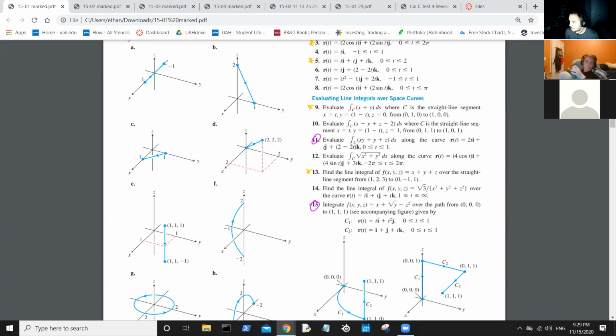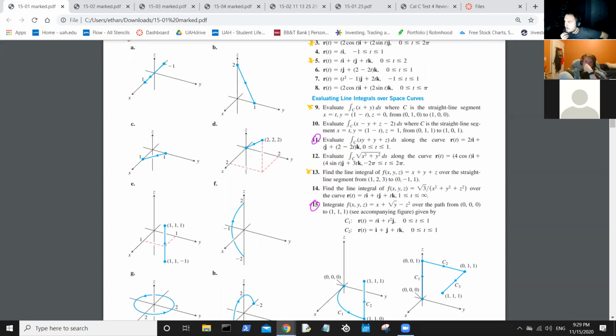Line integral function is probably the best Google search if we had to find a result.